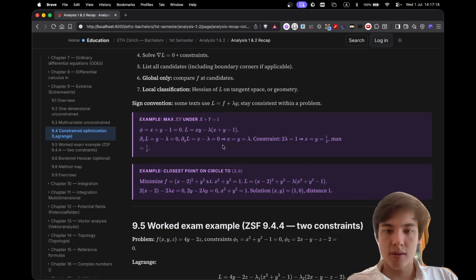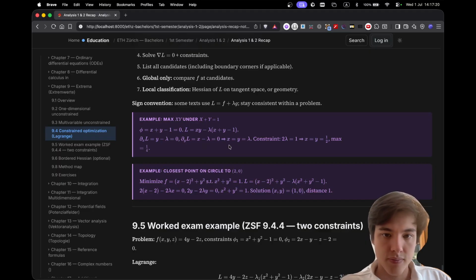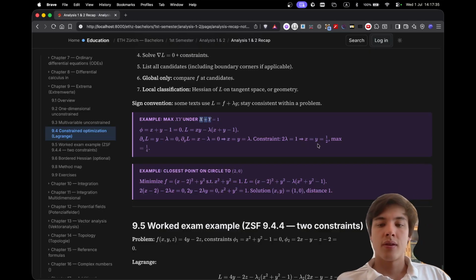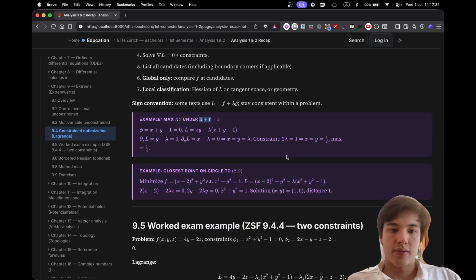And then so x equals y equals lambda. And then the constraint here is 2 lambda equals 1. That means we have 1/2 for x and y.